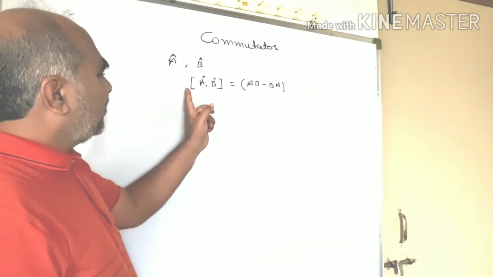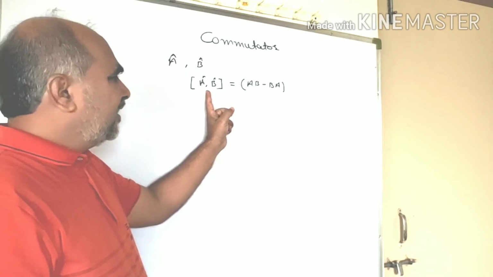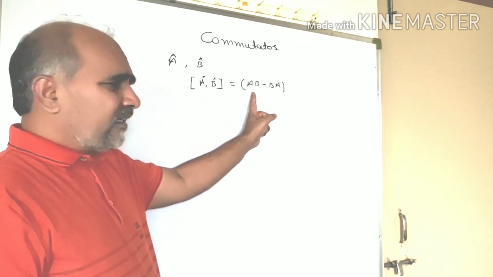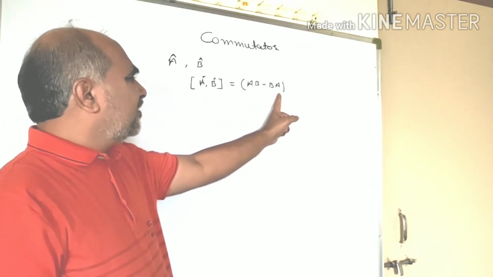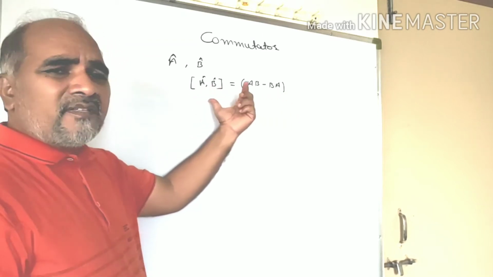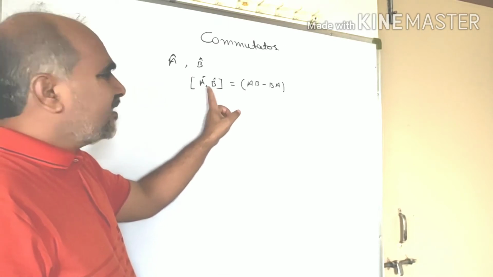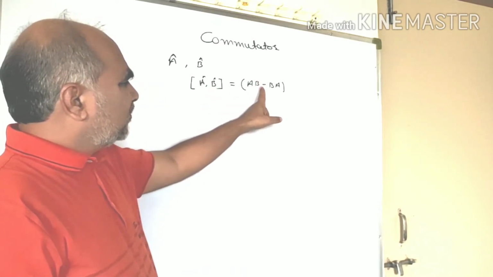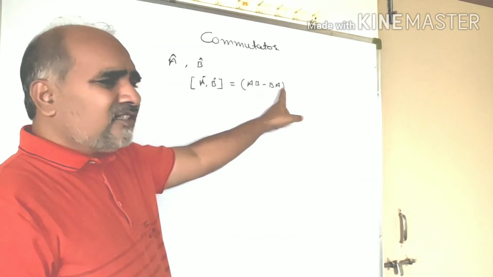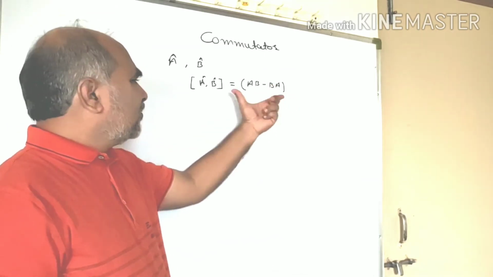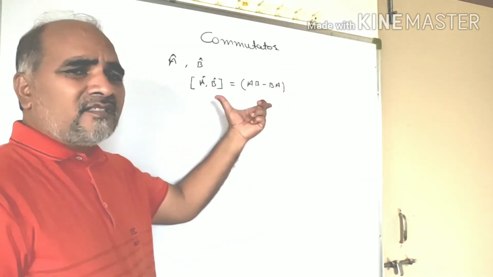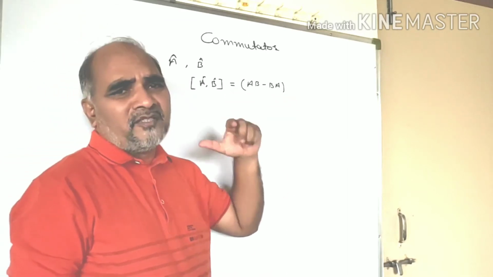So the commutator of A and B is defined as AB minus BA, or in terms of first and second operators: first into second minus second into first. This is the mathematical definition of a commutator.